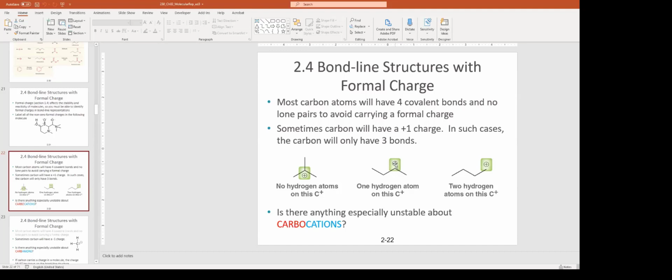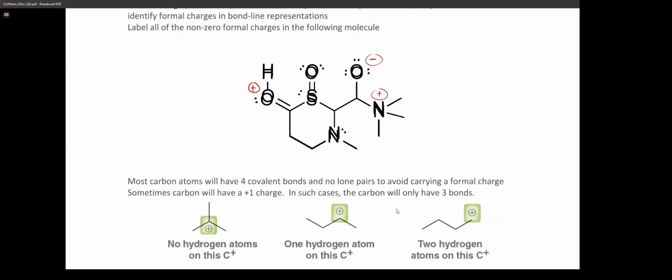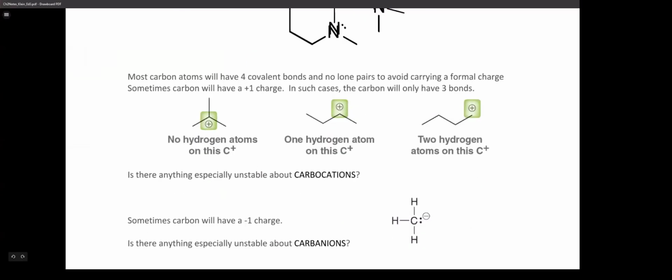If I see this symbol, I say, oh, carbon must be making 3 bonds. So there's 1, 2, and the missing bond is hydrogen. So I would usually draw in the hydrogen. Even though that's how the book is doing it, I would recommend doing it like this, usually.